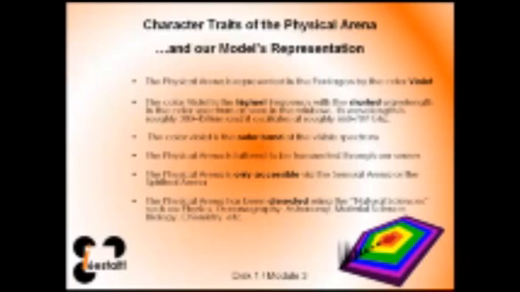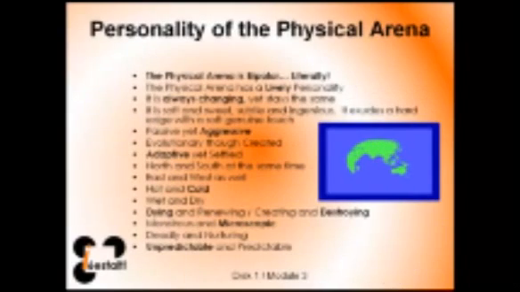This is partially why it's more difficult to program your mind from the physical arena, the external, without tapping your subconscious. And we'll definitely see that when we look at the subconscious arena, because that's where we're able to slow down this signal and get it on a wavelength that magnifies what it is that you're programming it with. So that being said, let's take a look at the personality of the physical arena.